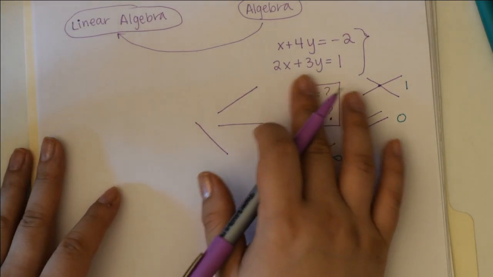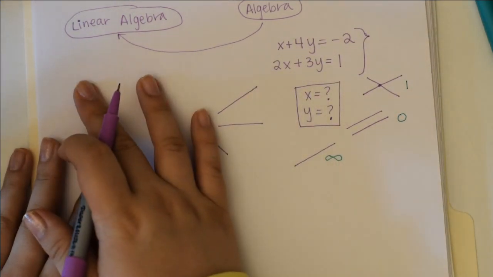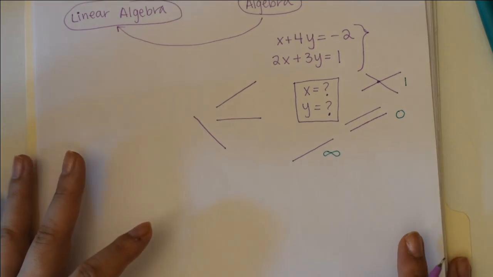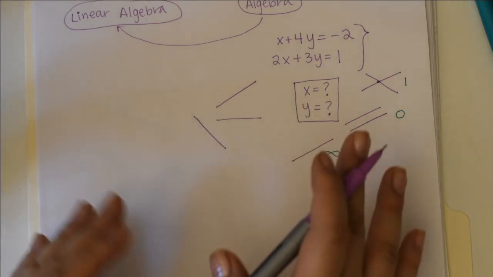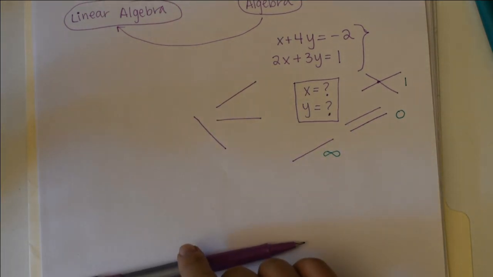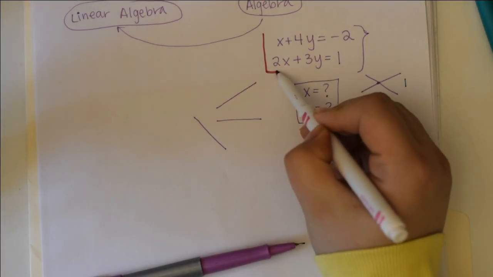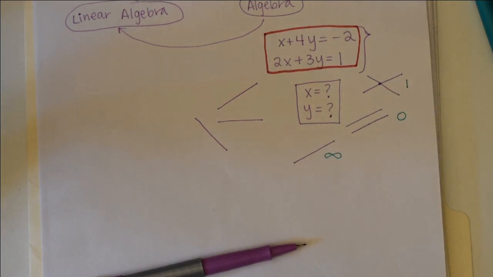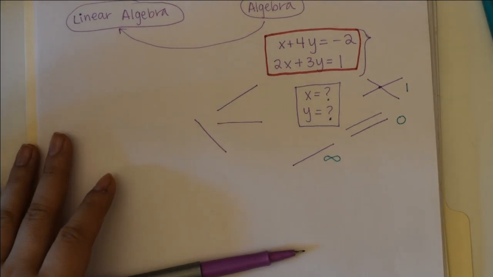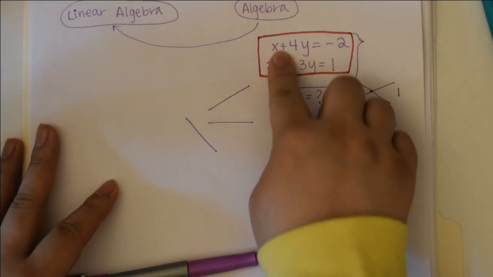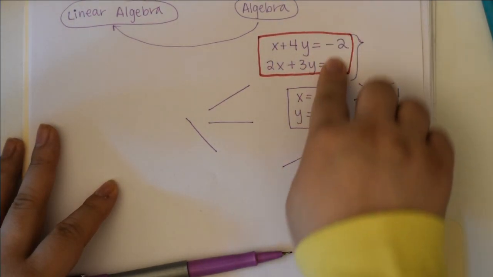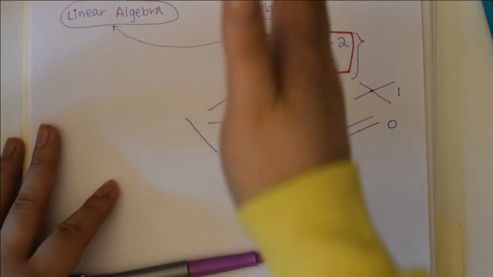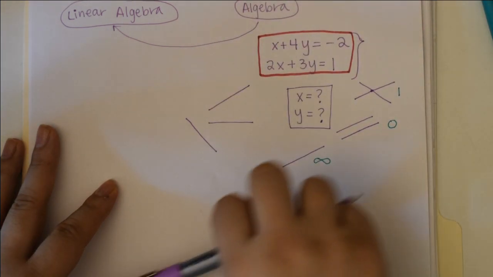So let's set this system up as a matrix and see what our goal is. Let me just box this. This is our system. What's neat about this is, notice how everything is just lined up. We have x and we have y, right?